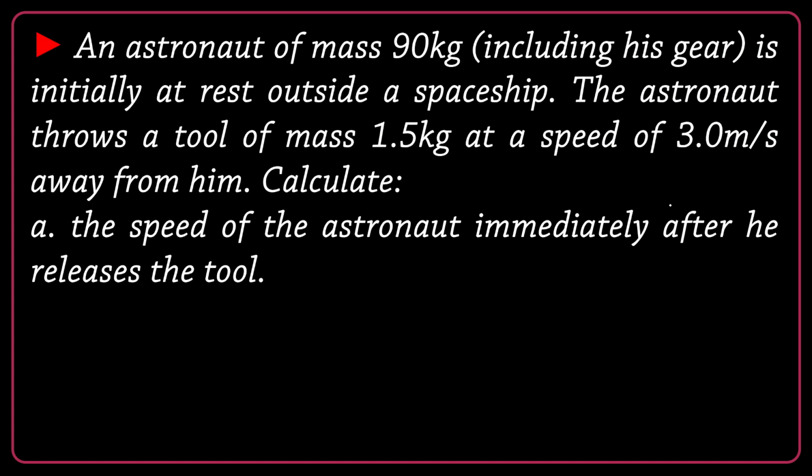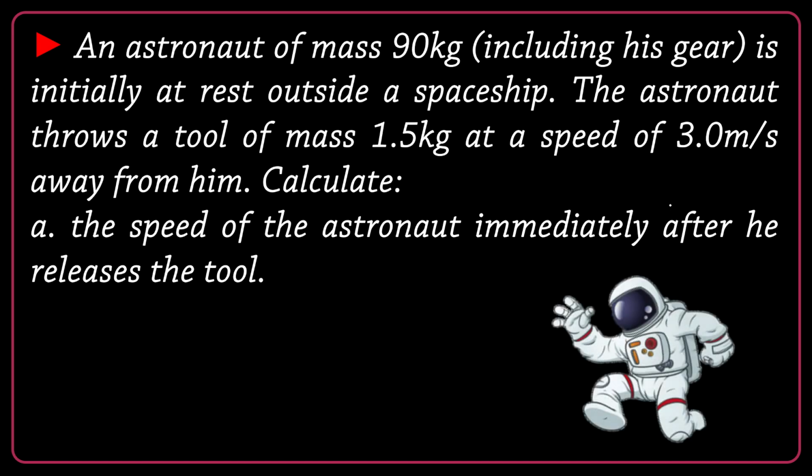Let's consider this example. An astronaut of mass 90 kilograms, including his gear, is initially at rest outside a spaceship. The astronaut throws a tool of mass 1.5 kilograms at a speed of 3. So let's say it's a hammer. He will throw the hammer of mass 1.5 kilograms leftward, at a speed of 3 meters per second, away from him.